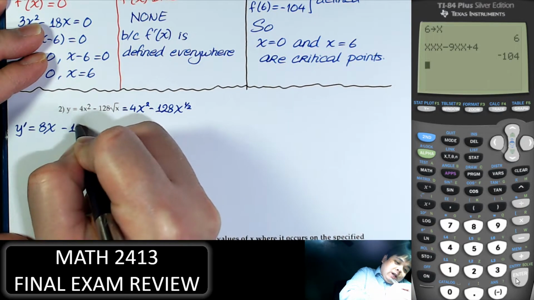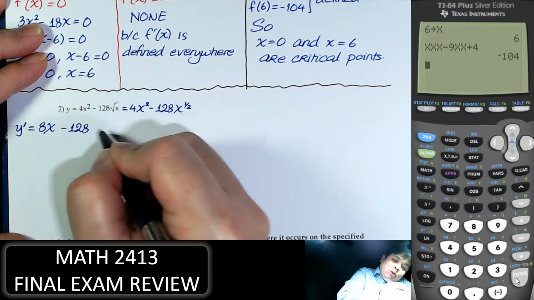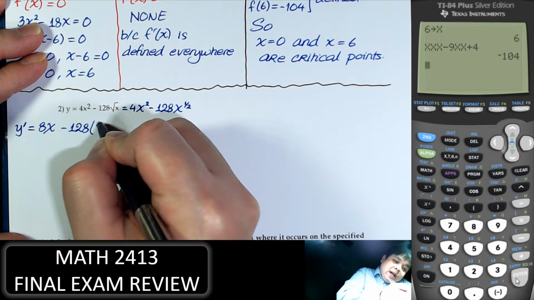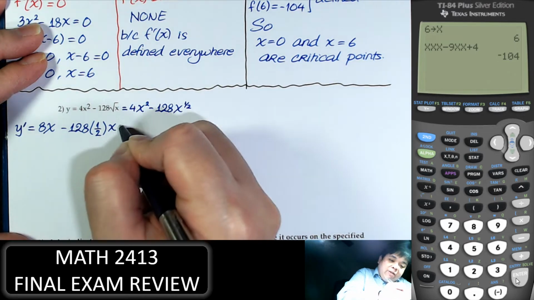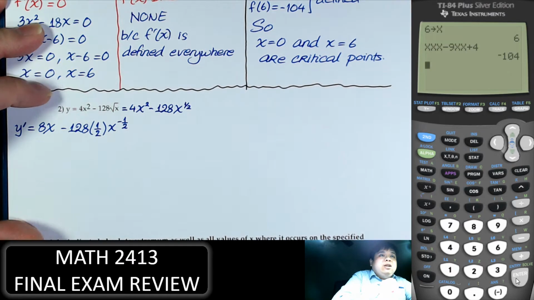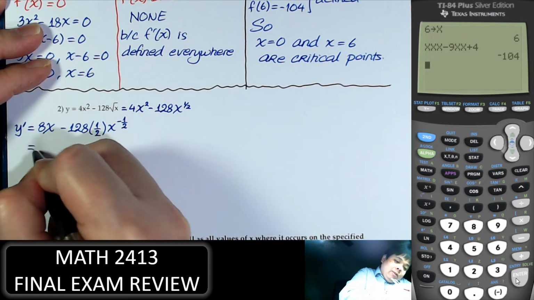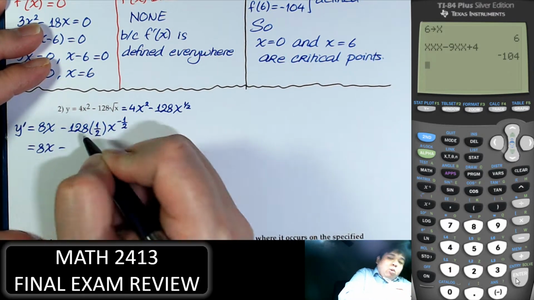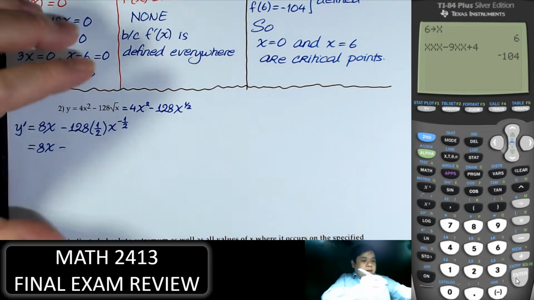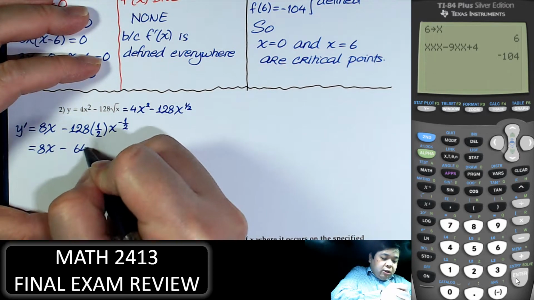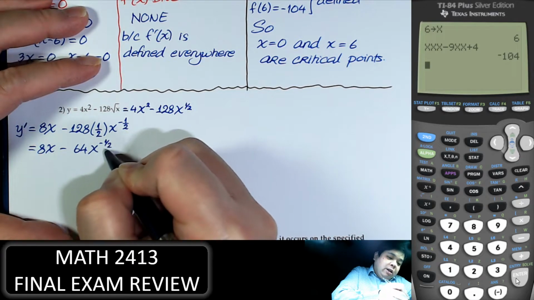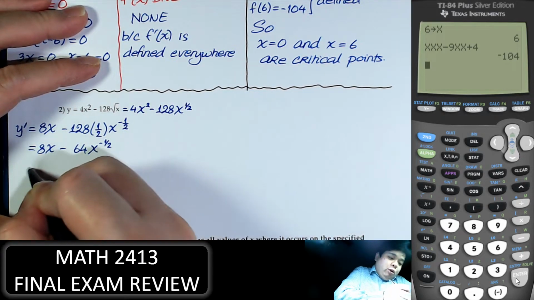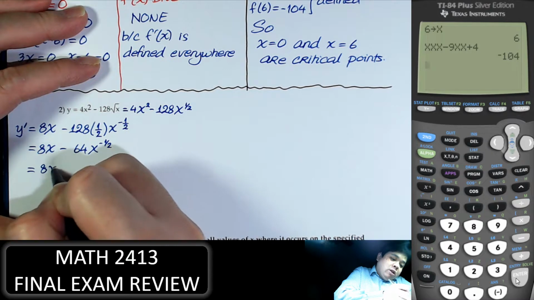Minus 128 x to the 1/2: I will take down the 1/2, and the original power 1/2 minus 1, which is minus 1/2. 128 times 1/2 is 64, x to the negative 1/2. A negative exponent, if we move it to the bottom, becomes positive.